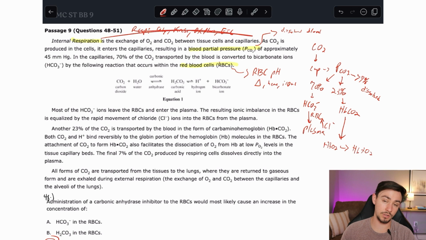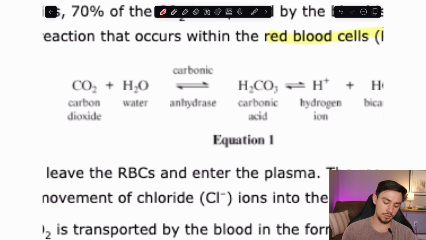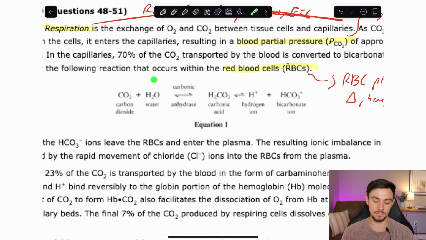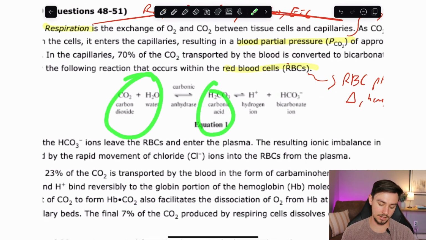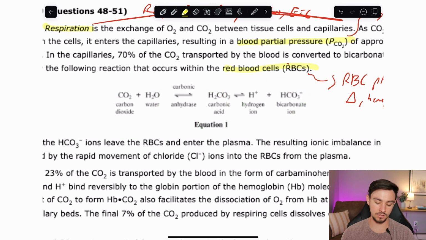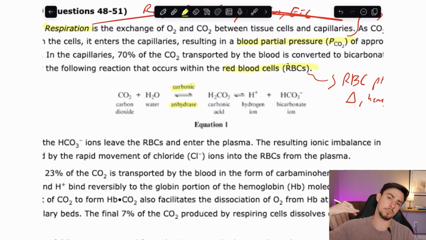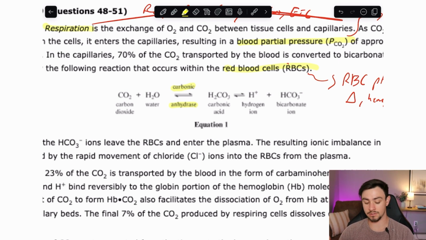And then they show you really the meat of what this passage is, which is this reaction. Now, whenever you look at this reaction, it's much less important to look at this stuff than it is to look at this stuff, because the stuff that's over the arrows is usually telling you either what's making the reaction proceed, or what is an enzyme, and in this case it's what's an enzyme.